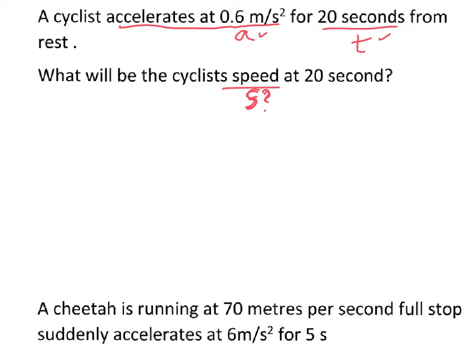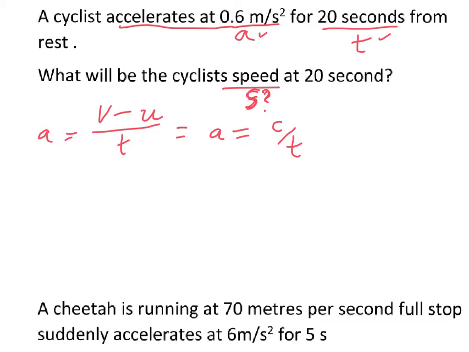As you know, the formula for this is given in the exam. It's like this: V take away U divided by the time taken is the acceleration. So in this case, you need to rearrange this formula. It's better to think of this formula as A equals C over T. The C stands for change in speed.